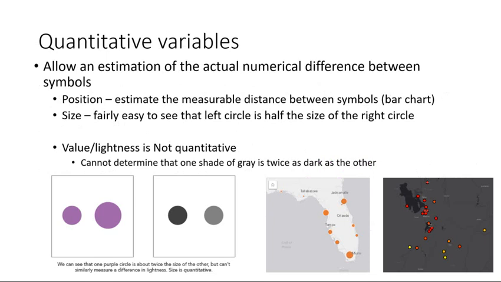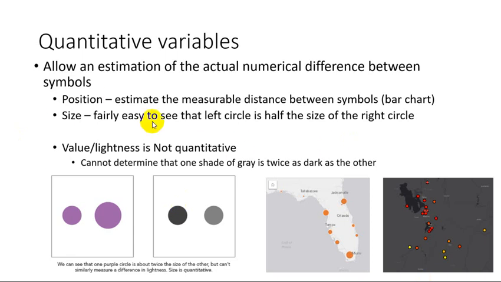Okay, and then finally, quantitative variables. These allow for an estimation of the actual numerical difference between symbols, but it's tough, so be careful. Position on a bar chart, that works pretty well. We've talked about that. That's a very effective way for humans to be able to estimate an actual numerical difference between symbols. Size is not so easy.